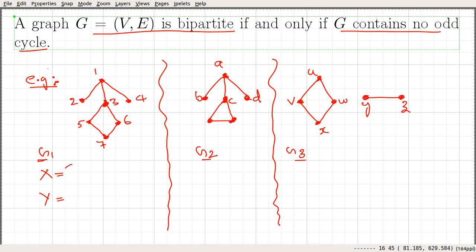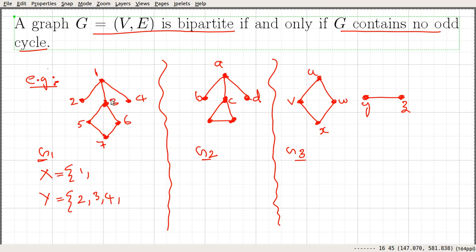Let's start from here. Let's consider vertex 1 and put it in the partite set x. Vertices 2, 3, 4, which are adjacent to 1, must go to the other partite set. Since we are trying to show that this graph is bipartite, 2, 3 and 4 go into set y.